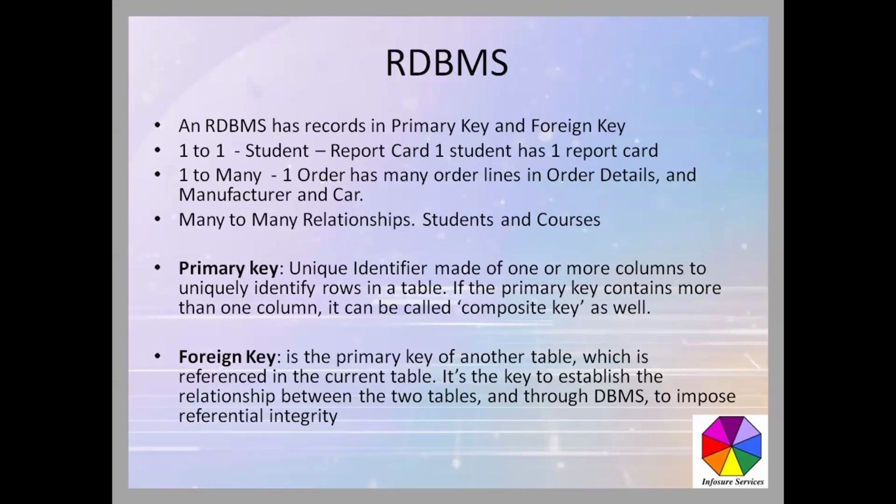So a primary key is a unique identifier. The values of the primary key column, when you define it, typically like ID, will not repeat. It will be unique for that column. A foreign key is the primary key of the first table, the parent table, in the child table. So we have the order table as the parent and order lines as the child table, and the foreign key will repeat.